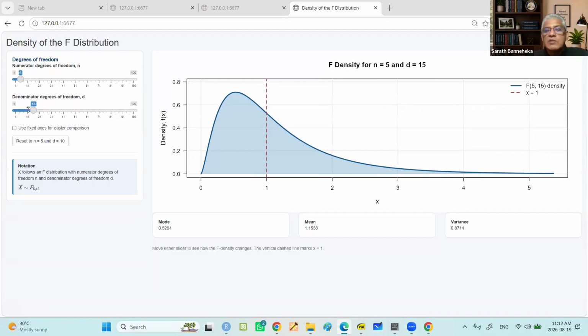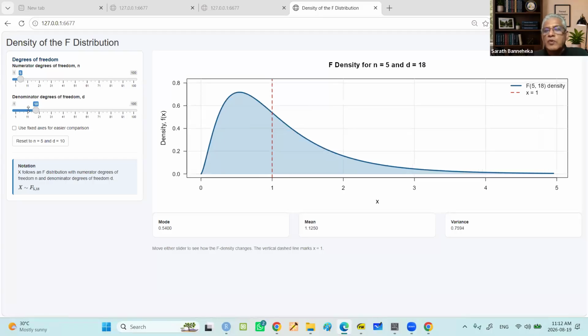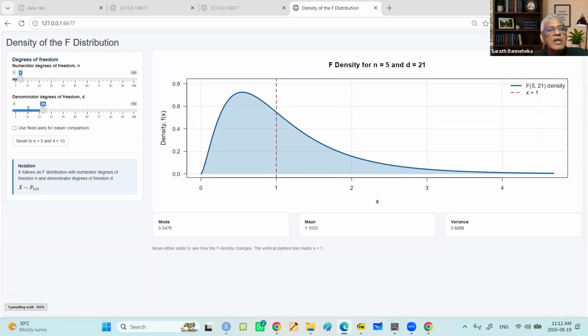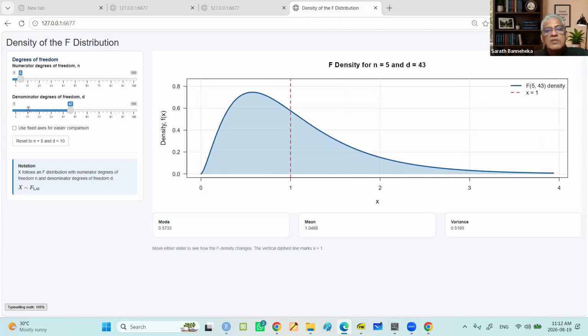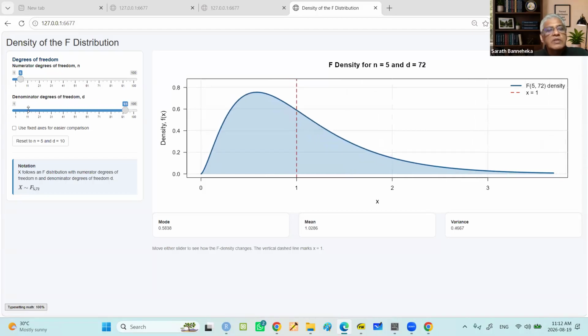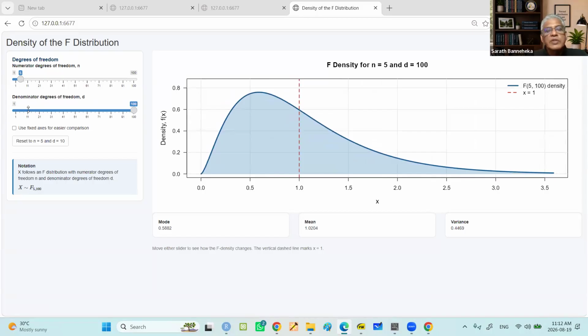All these distributions are positively skewed, but the skewness is decreasing as the degrees of freedom is increased. When the denominator degrees of freedom is 100, this is the shape. In this case, the numerator degrees of freedom is 5.